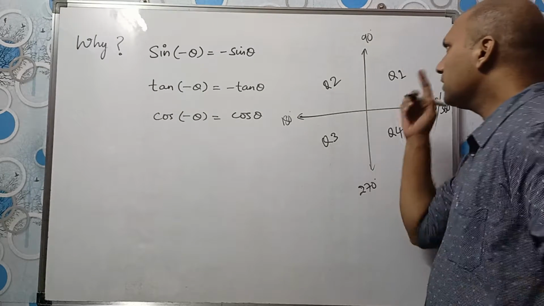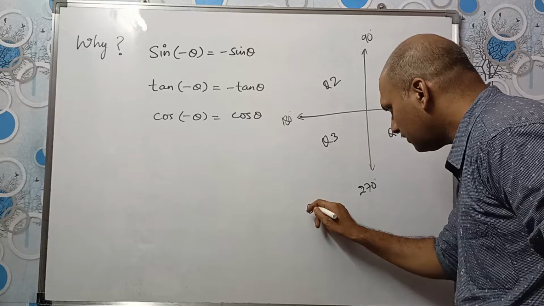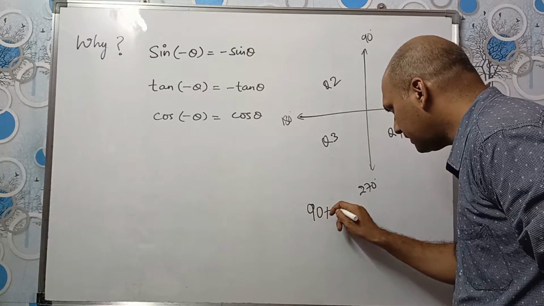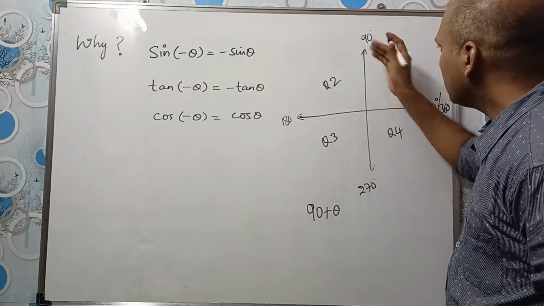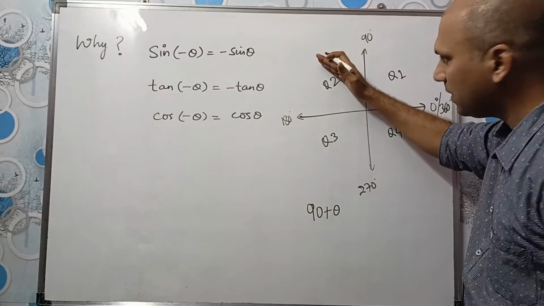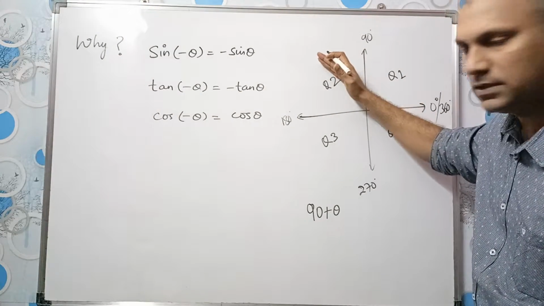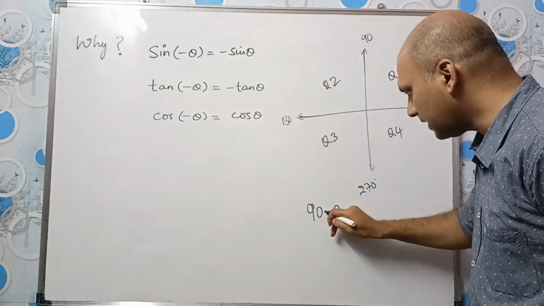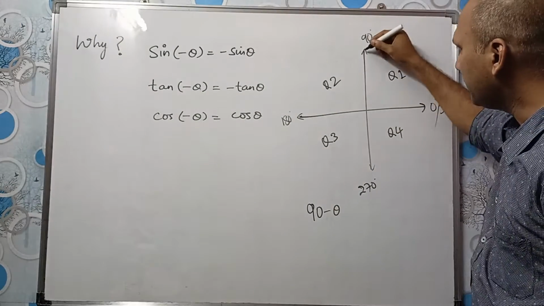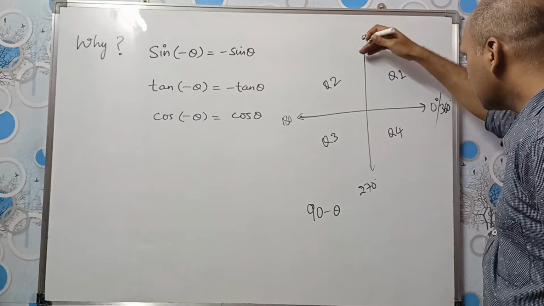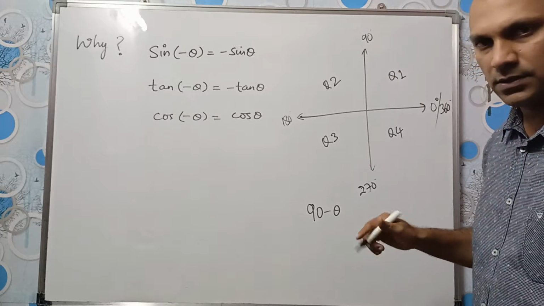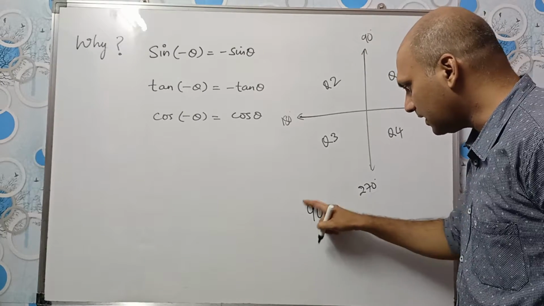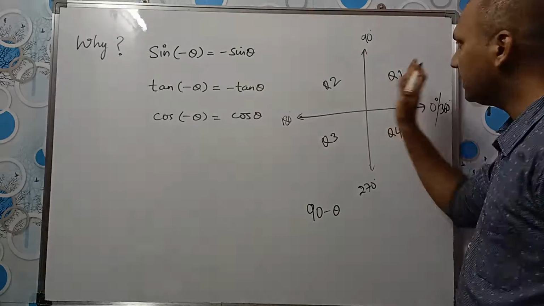Now see, if we have something like 90 plus theta, 90 is here, plus theta will come here in the second quadrant. If it is 90 minus theta, 90 is here, minus means we should come here, in the first quadrant. 90 minus theta means this angle is less than 90 degrees.